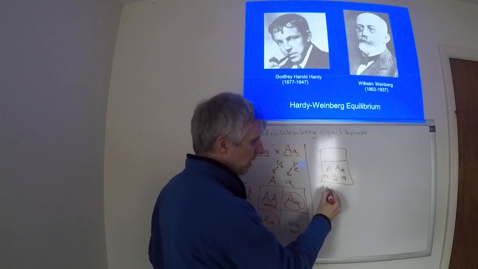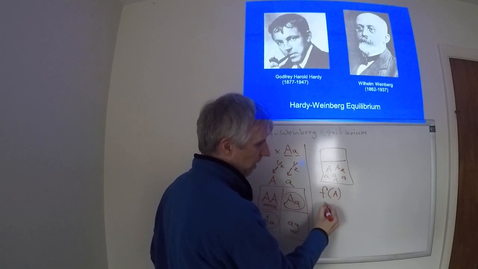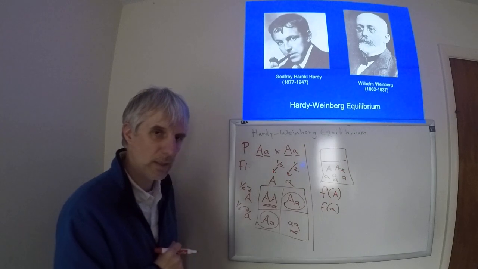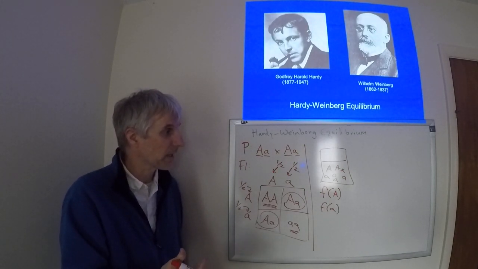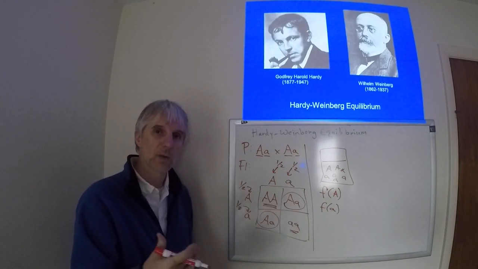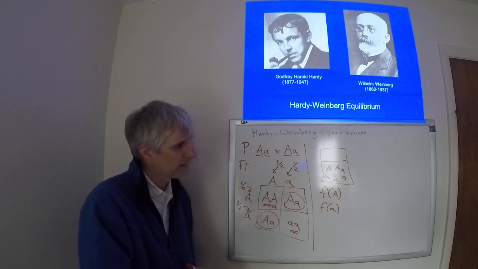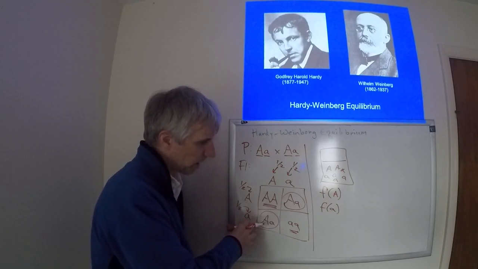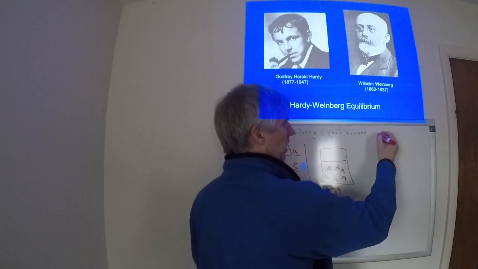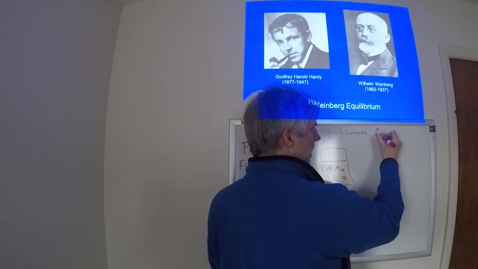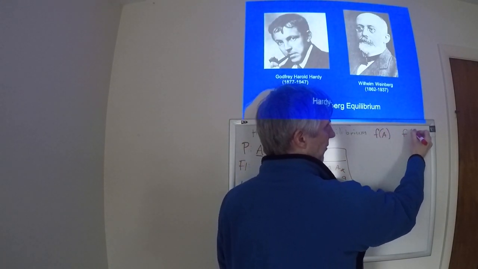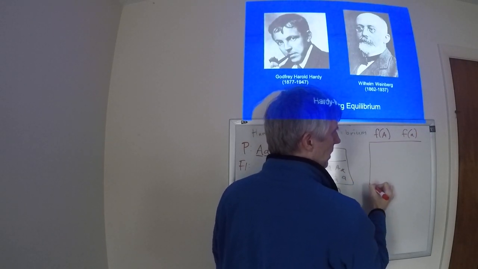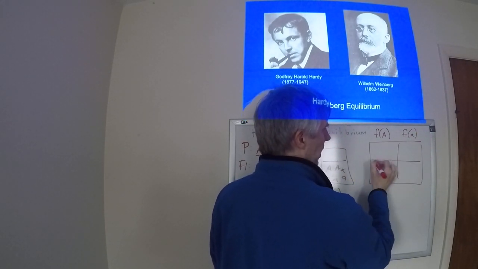And let's say that we know what the frequencies are of these two alleles. We've counted them in the bucket, we've counted which ones are which, and we know the frequencies. So I'm going to use an analog to this Punnett square where I'm going to put the frequency of the big A and the frequency of the little a in my Punnett square.